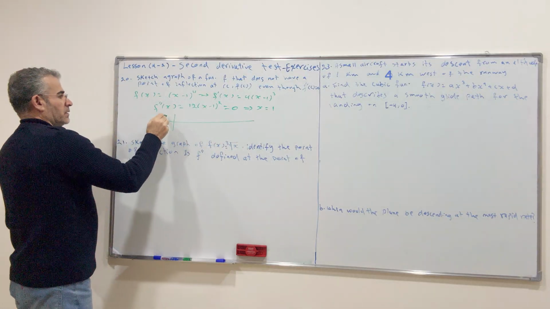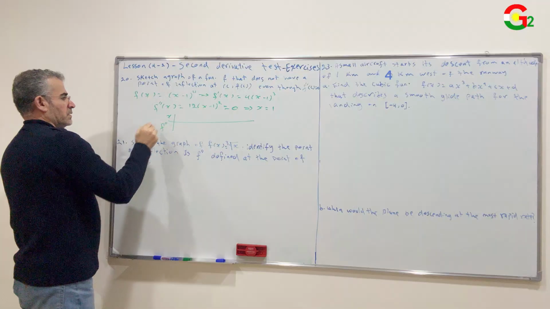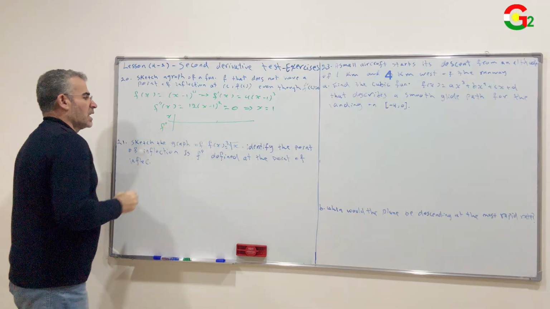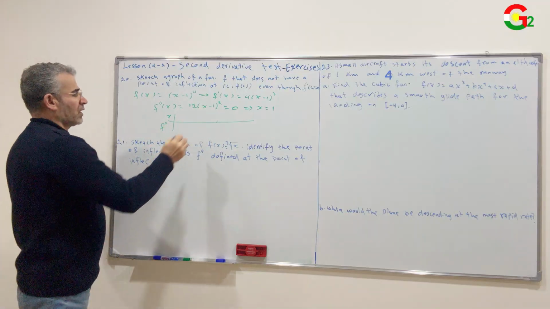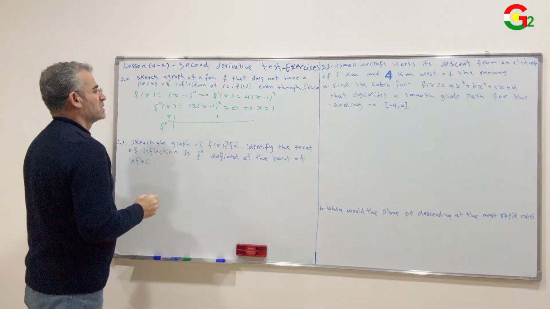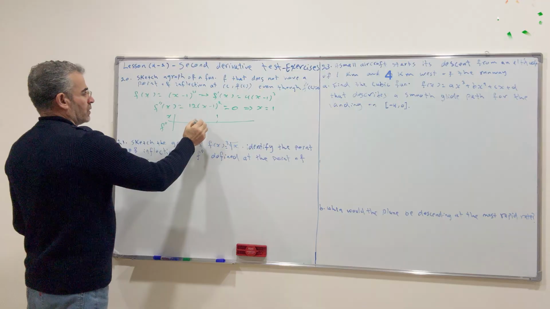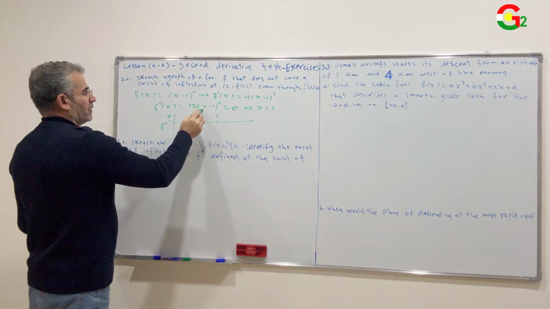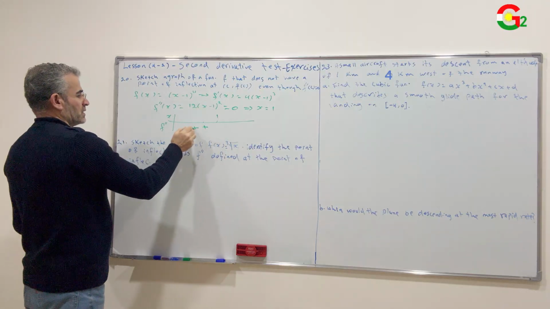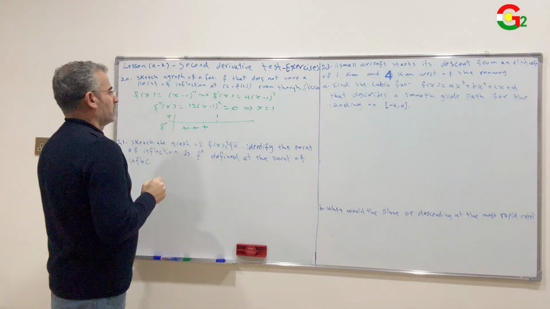And if we check the sign of the second derivative before and after 1, when x equals 0 or x equals negative 1, then the second derivative is positive.